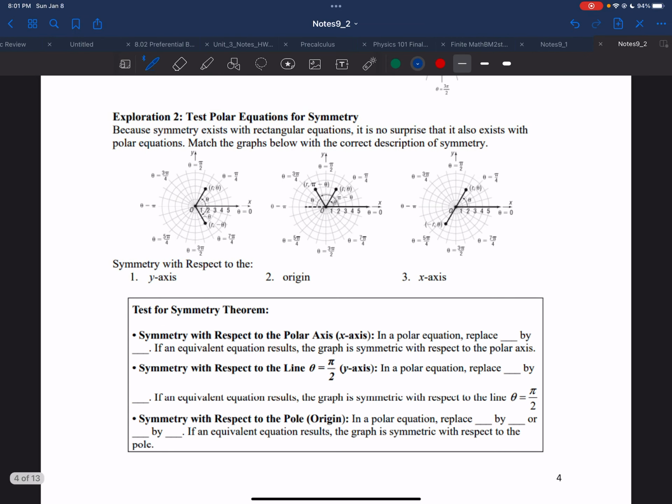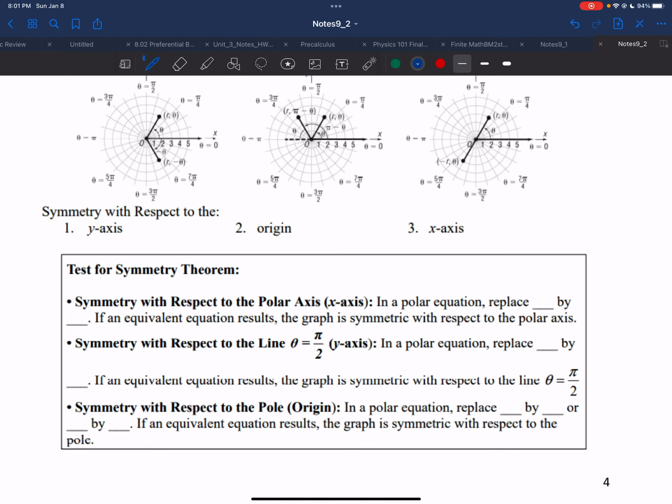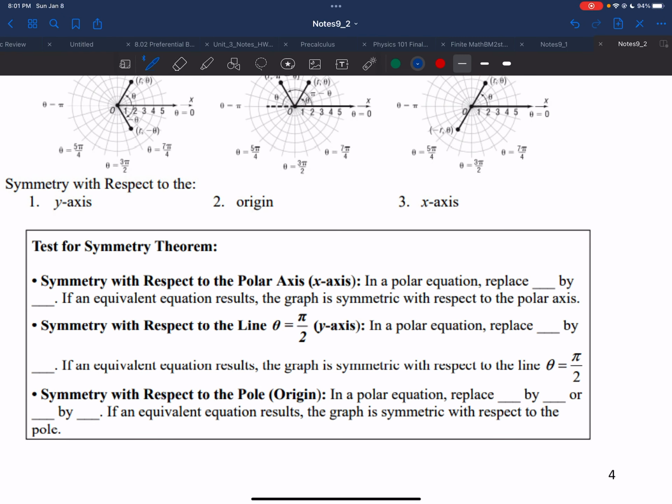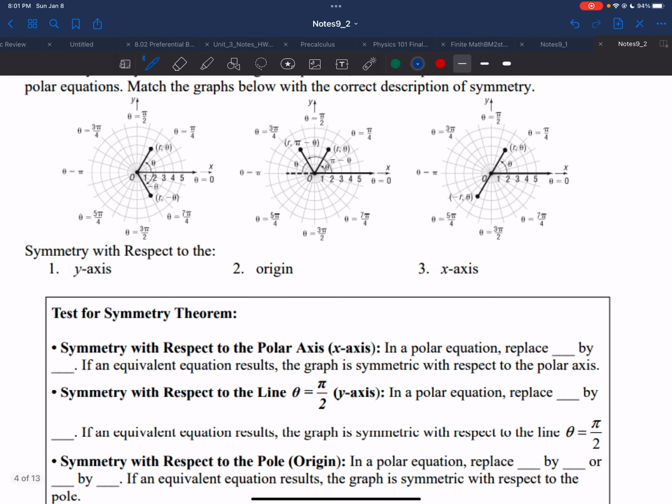Okay, let's look at symmetry. There's a couple rules here, and we're going to give you guys some additional practice, but I wanted to get these rules here for you. When we're talking about symmetry with respect to the polar axis, that's this one right here. The polar axis is right here. So if that's your mirror, imagine that these two things look the same on both sides.